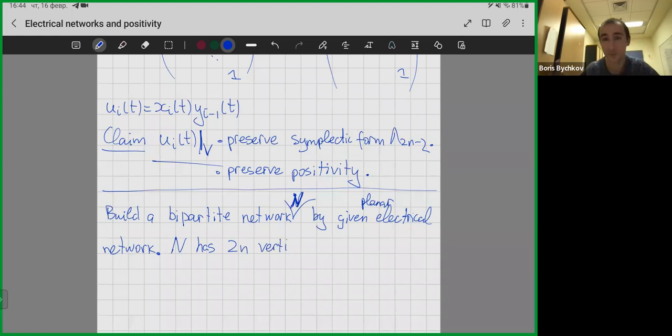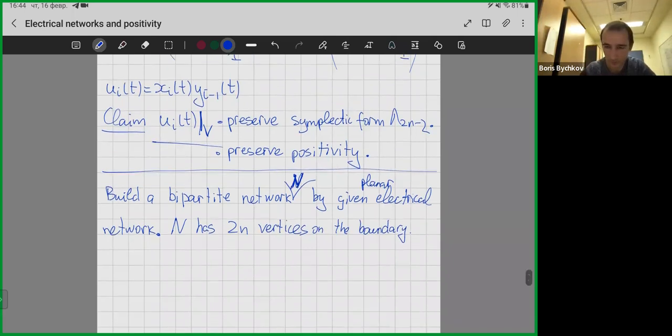It doesn't matter because you don't know how to construct it, but nevertheless we have a bipartite network, so the vertices are colored in two colors, and each edge has vertices of different colors, and all vertices on the boundary have the same color.